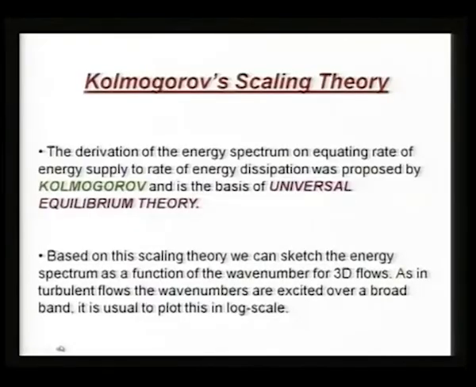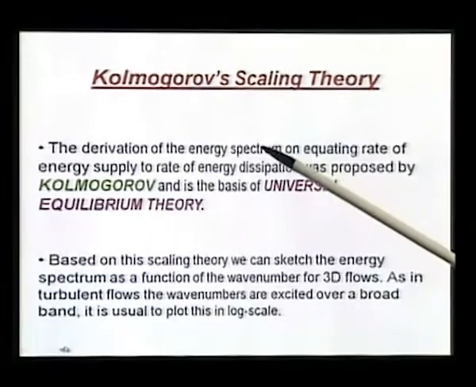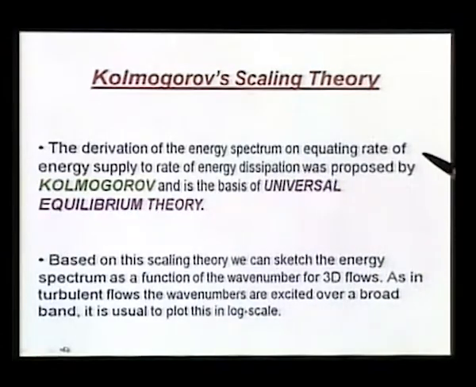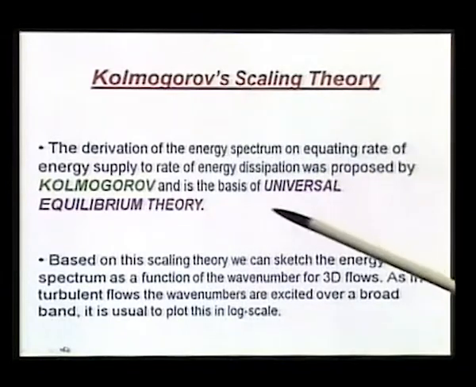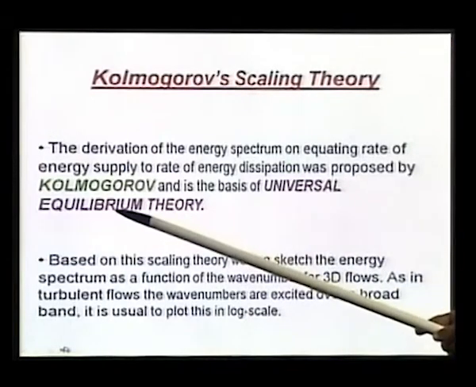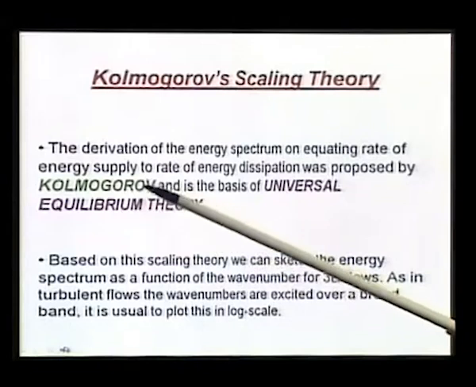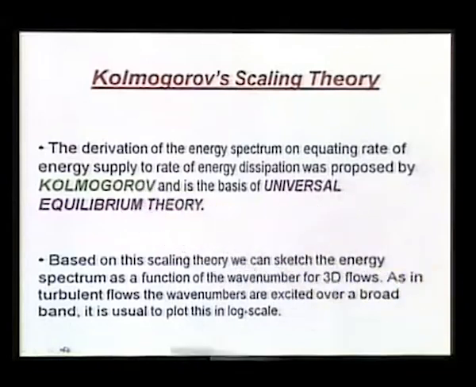Okay. So now we have a very decent view of the energy spectrum, that we can obtain this energy spectrum by equating rate of energy supply to rate of energy dissipation, and this was a kind of equilibrium condition proposed by Kolmogorov, and it goes by that name, universal equilibrium theory of Kolmogorov.